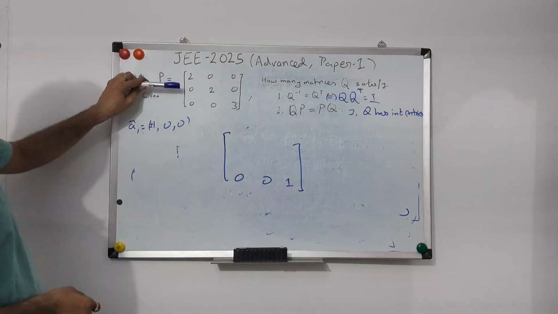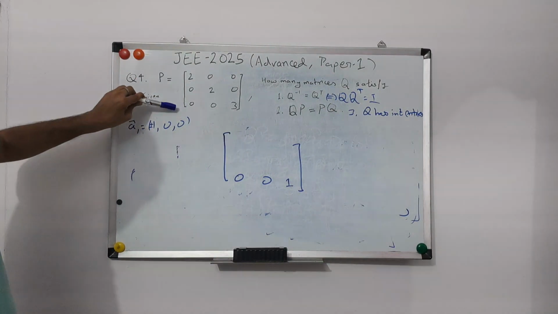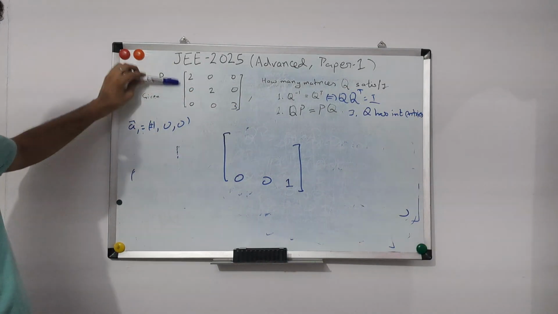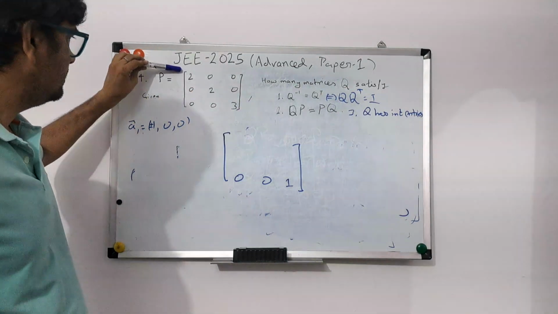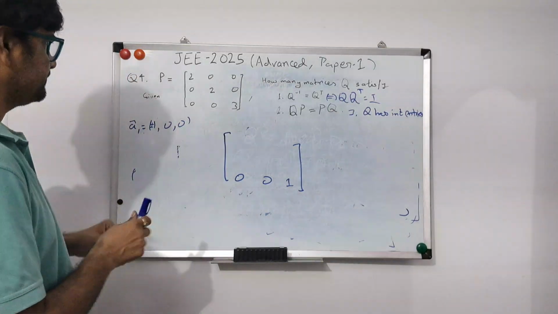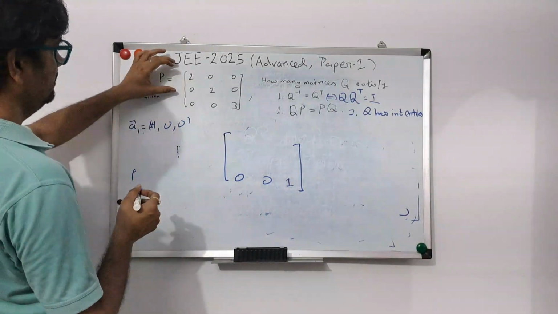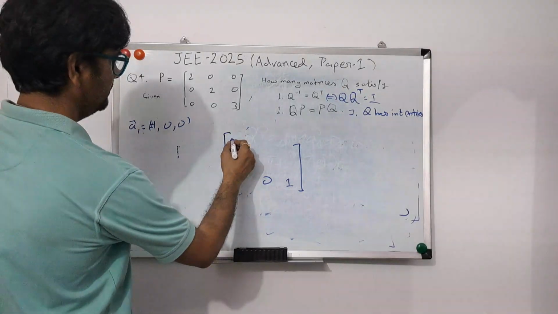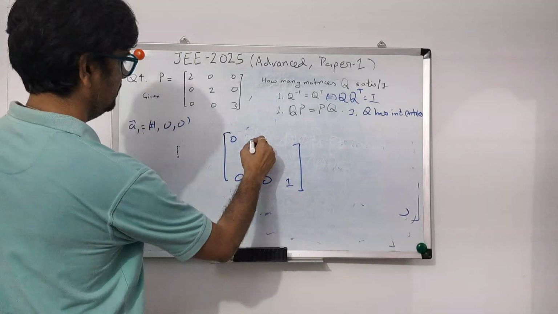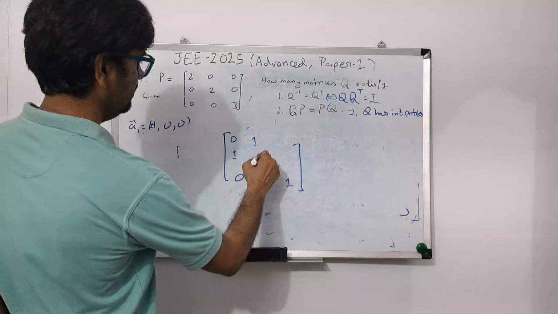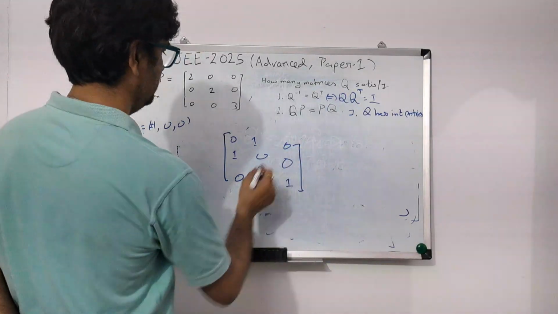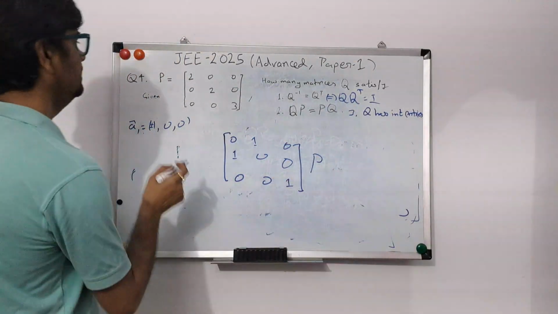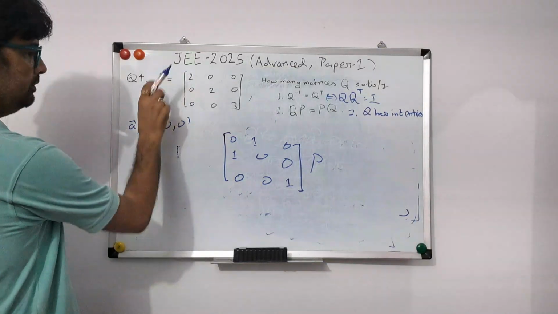Now let's commute these two rows. This row goes out of the question of the commutation. Let's focus on these two rows. Let's consider this matrix 0 1 0, 1 0 0, 0 0 1. Multiplying it with P leads to changing these two rows.